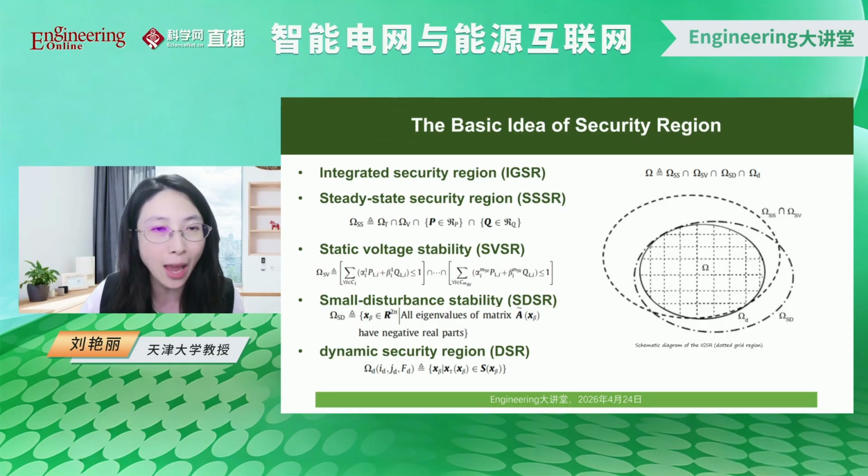Actually, it can be calculated in different ways. For example, integrated security region, and we may also separately focus on, for example, the steady state security region, static voltage stability, small disturbance stability, and also the dynamic security region. So based on the security region methodology, we can clarify the related security region for each stability problem.